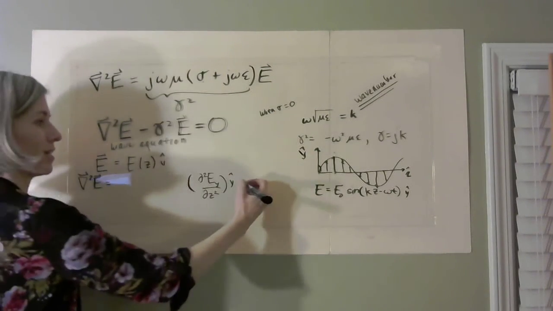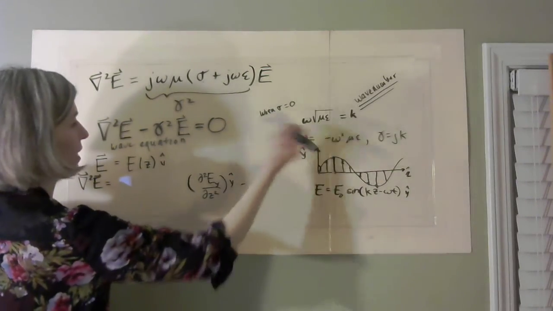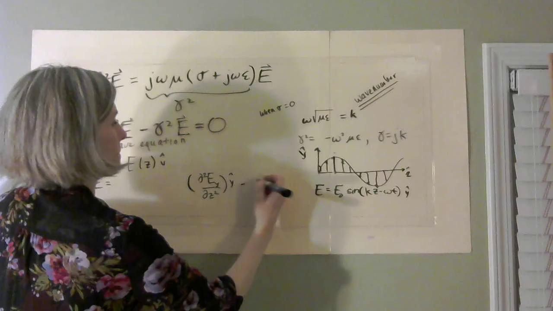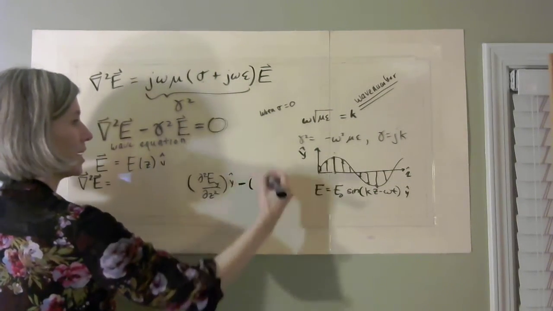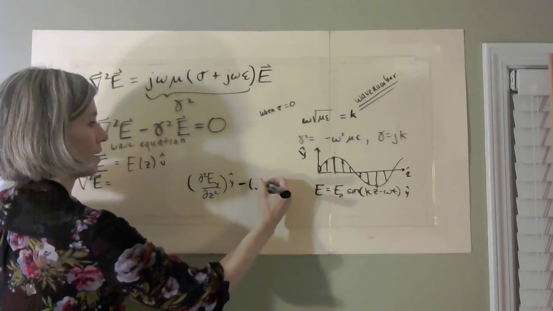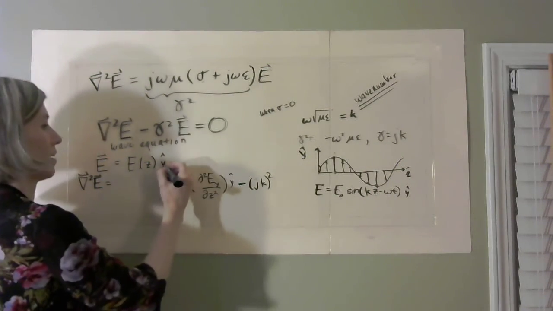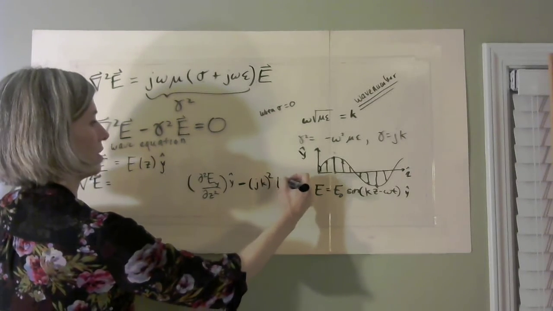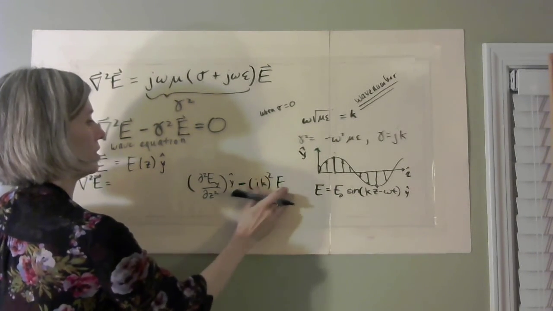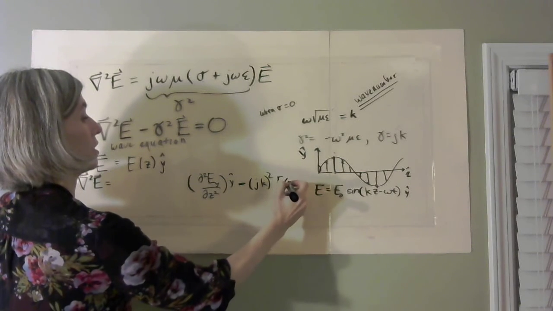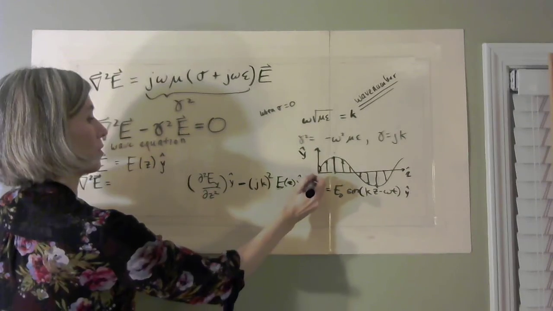On the other side of this thing, we'll put it all on one side. Minus, let's see, let's bring that down. Minus, I've got to do j k squared, and I can write this as E, a function of z, in y equals 0.